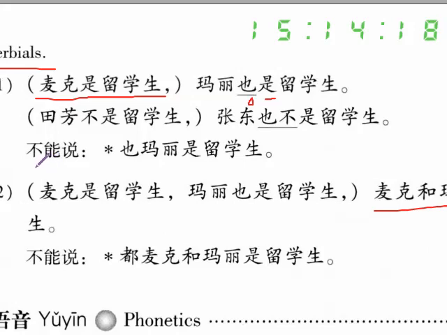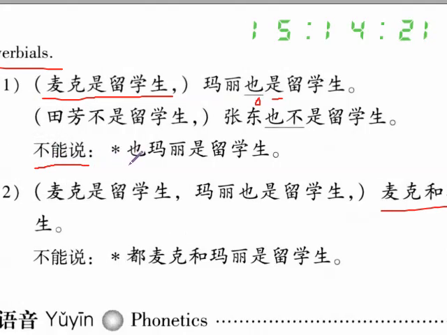It says you can't say 也玛丽是留学生, 张东也玛丽. English, you don't say also Mary is a student. Yeah, also just used inside this sentence. English, I say if also you say the first sentence, maybe you need a comma.